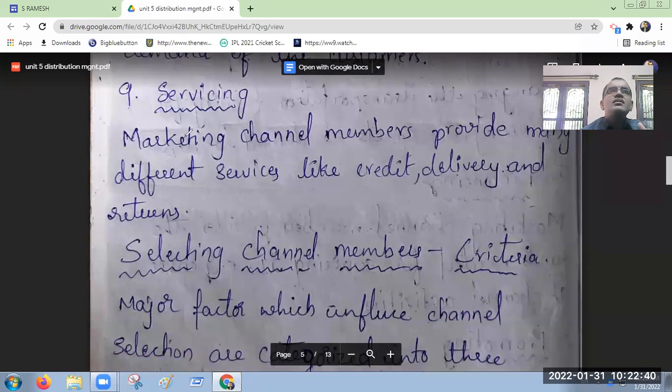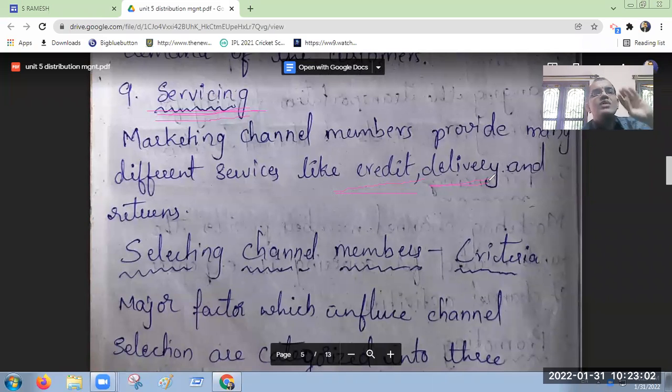As mentioned in the class already, different channels of distribution will provide different services. Channel members provide different kinds of services to the customers. Like on a credit basis, they will give the customer the opportunity to purchase goods. Sometimes they will deliver goods to the customer.